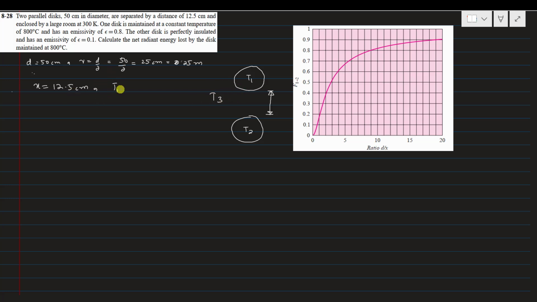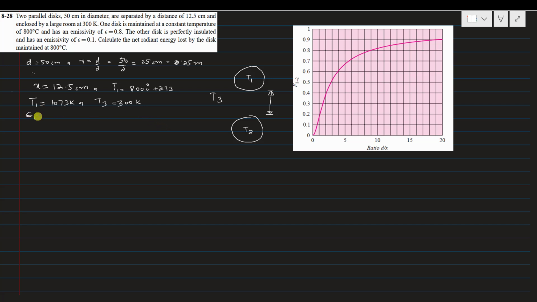Temperature T1 is 800 centigrade. Convert that into Kelvin, just add 273 to it, so you will get T1 as 1073 Kelvin. The temperature of the room, T3, is 300 Kelvin, and the temperature of the other disc is unknown.